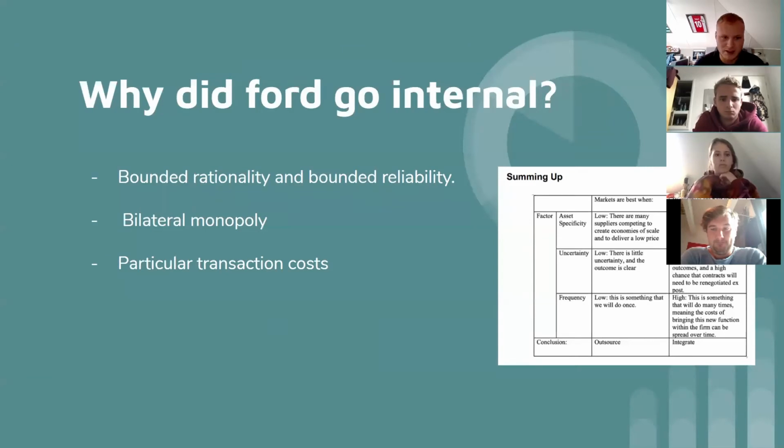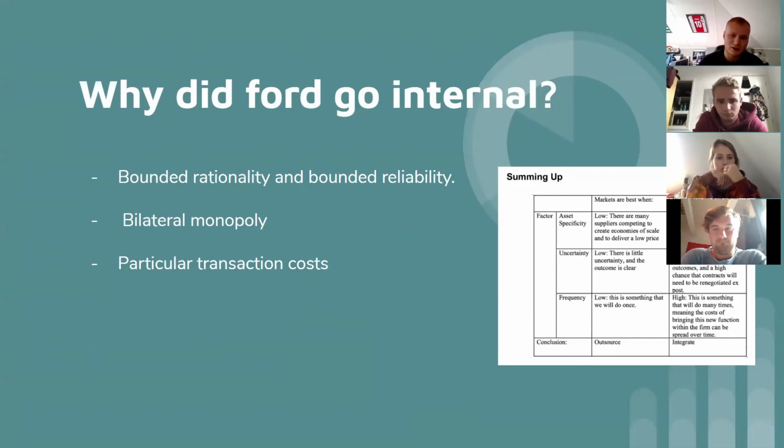This would mean that the buyer pretty much holds the supplier hostage, because the supplier has to invest a lot of money in making that assembly line for Ford, and essentially couldn't get out of that contract.